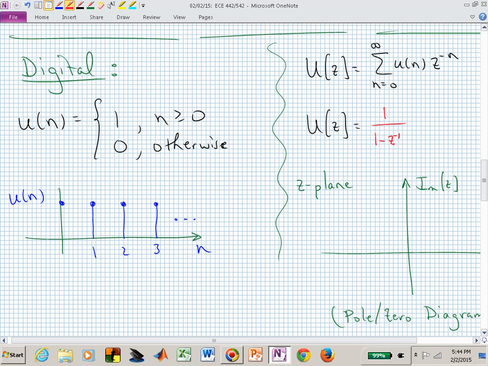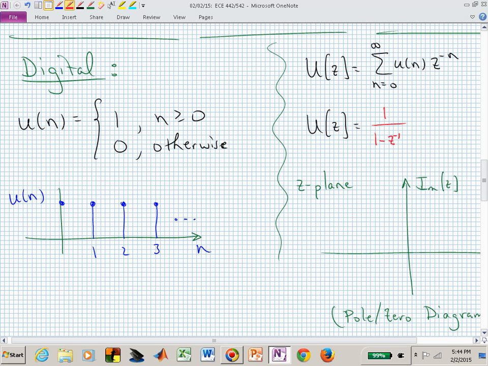Is this making sense? It should. And if it doesn't, then we need to work a little bit at that. And then you could rewrite this. That's now in terms of z to the minus 1s, but you could rewrite that in terms of z's by multiplying that by 1, where 1 is now z divided by z.